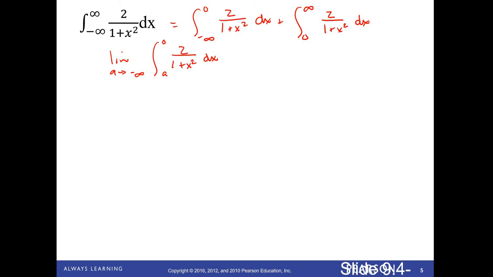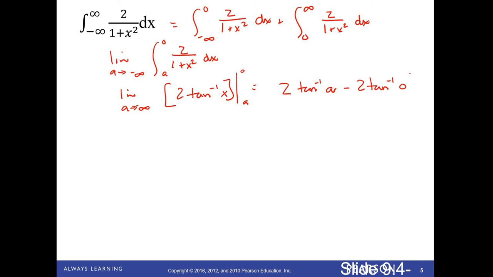We'll do this part first. So this is 2 tan inverse x. Remember your tan inverse function? So it's the limit as a approaches negative infinity of 2 tan inverse x evaluated from a to 0. So it's going to be 2 tan inverse of 0 minus 2 tan inverse of a.